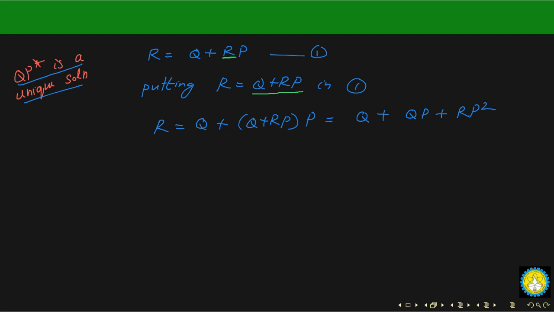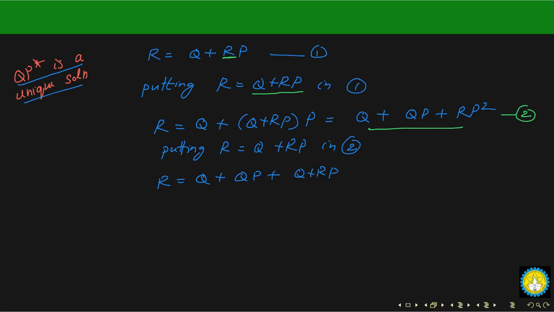Consider this as 2, and again put R equal to Q plus RP in 2. Then it becomes R equal to Q plus QP plus Q plus RP concatenated with P squared.